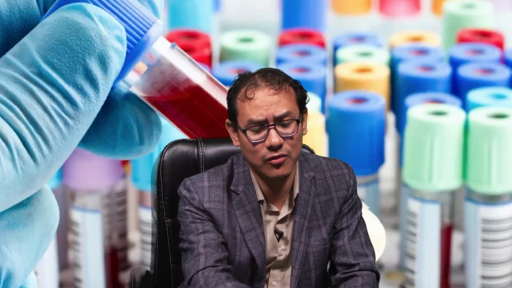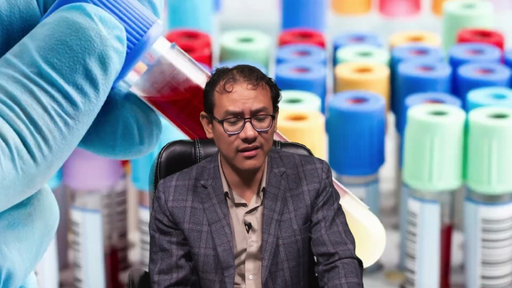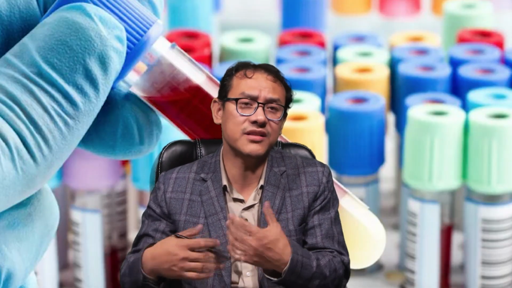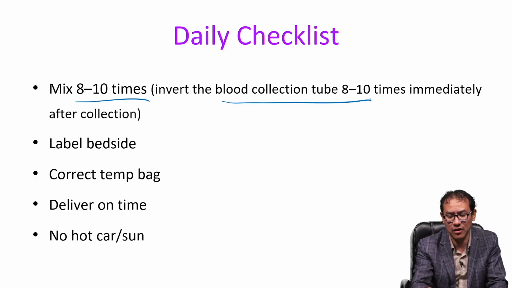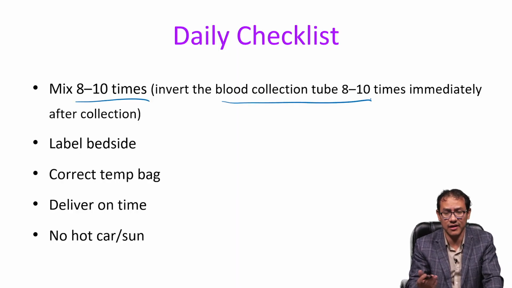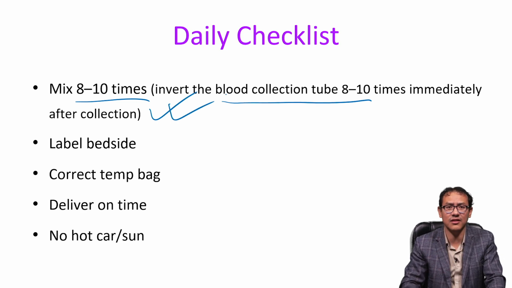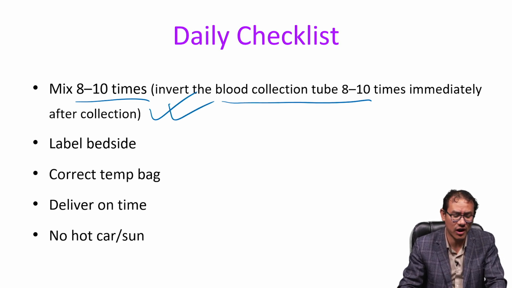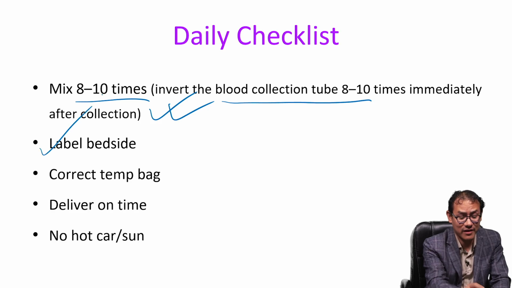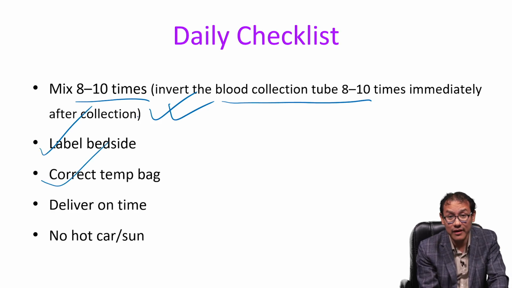For example, mixing can be done by inverting the blood collecting tube 8 to 10 times immediately after collection. Vigorous shaking should be avoided, because it may lead to hemolysis and other problems. Labeling at the bedside is important. The correct temperature bag has to be used.